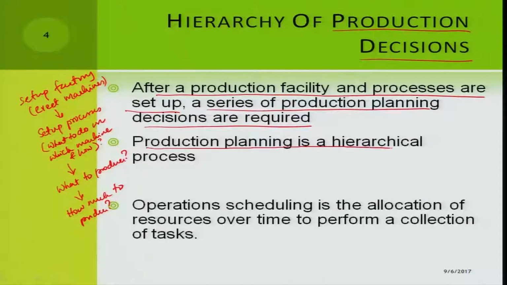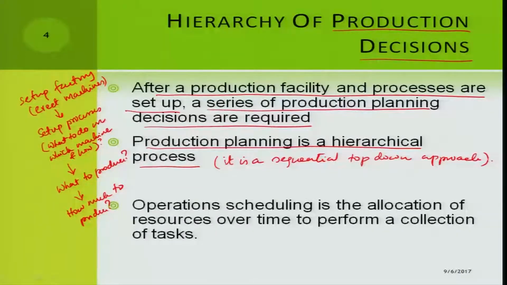That's why production planning is always called a hierarchical process. Hierarchical means a sequential top down approach. And you cannot decide how much to produce unless you have the factory set up. So that's one aspect of the production decision.